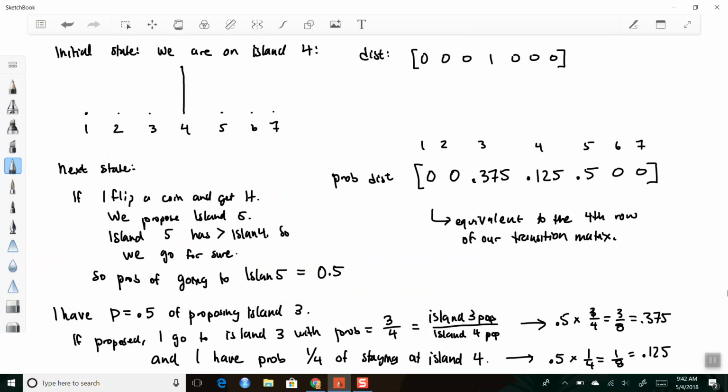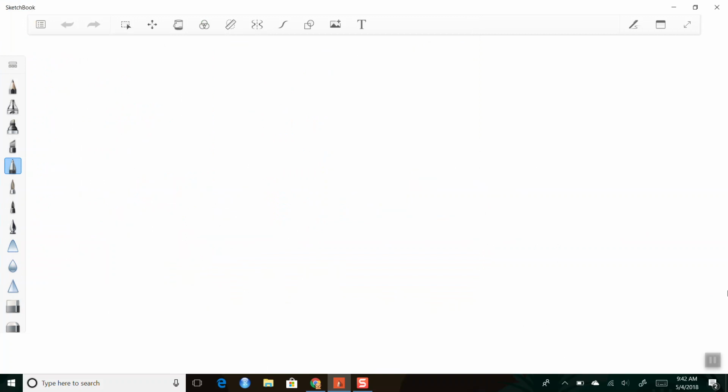Is that okay? All right, so I don't think we'll make the entire transition matrix, but I think I'll leave this as part of your next homework assignment. We can have a transition matrix for all 7 islands. Okay.